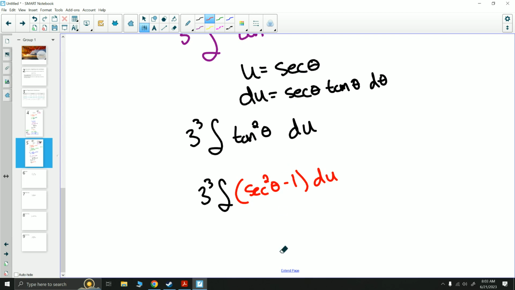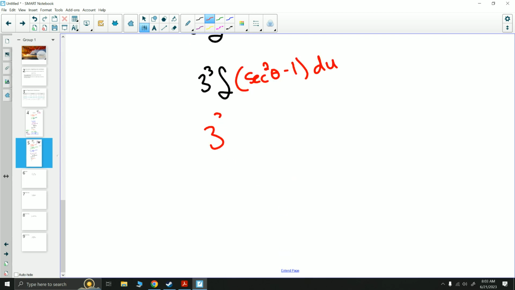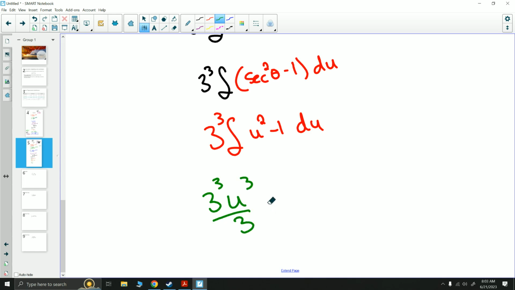Now, secant is our u, so we have 3 cubed integral u squared minus 1 du. And now we can integrate this pretty easily. We have 3 cubed times u to the third over 3 minus 3 cubed u plus c.